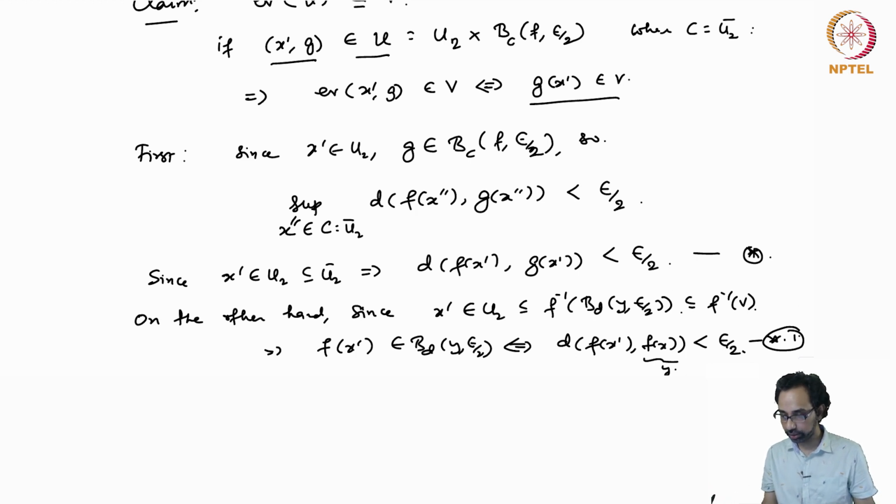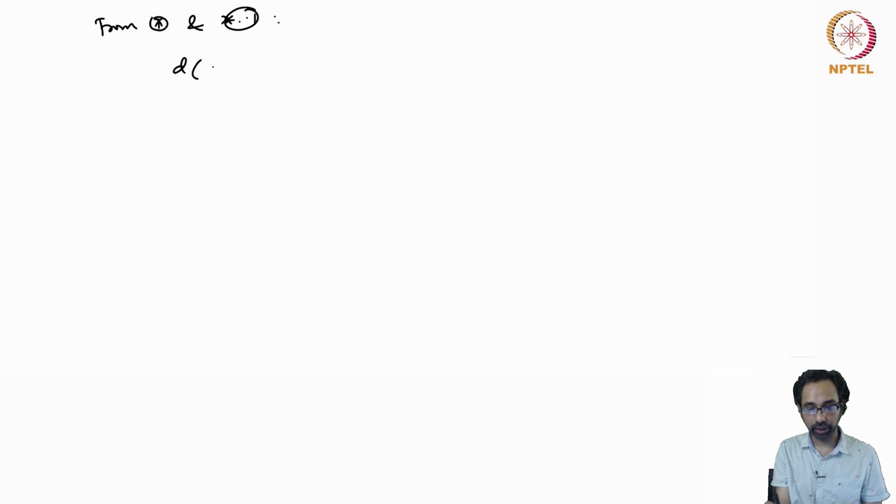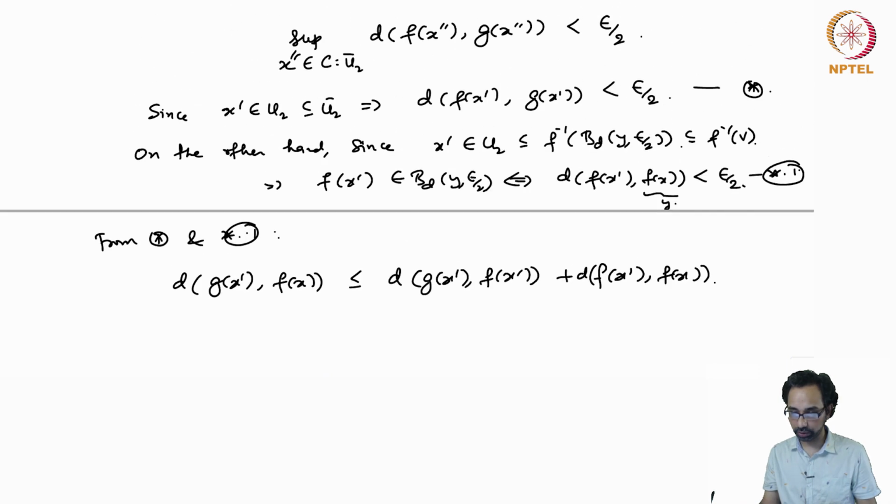So from star and star point 1, we have that the distance between g(x prime) and f(x), by the triangle inequality, is less than or equal to the distance between g(x prime) and f(x prime), plus the distance between f(x prime) and f(x), right? And we just go back and see.